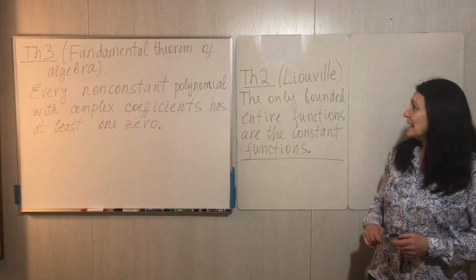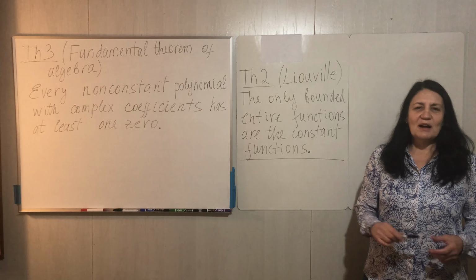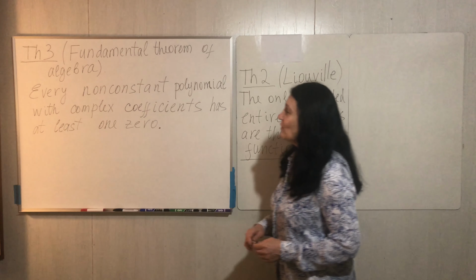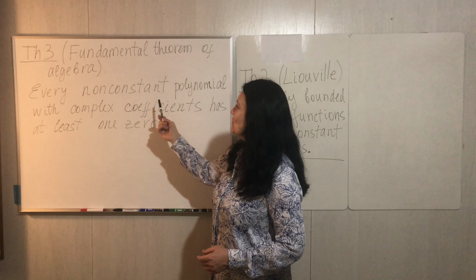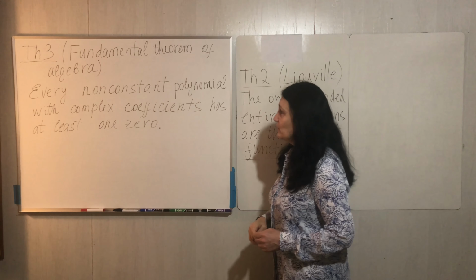Cauchy's estimate and Liouville's theorem give us another tool to prove the fundamental theorem of algebra. There are different proofs, and one of them can be performed using Liouville's theorem.